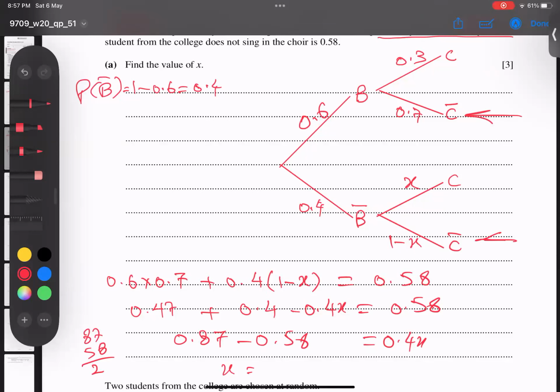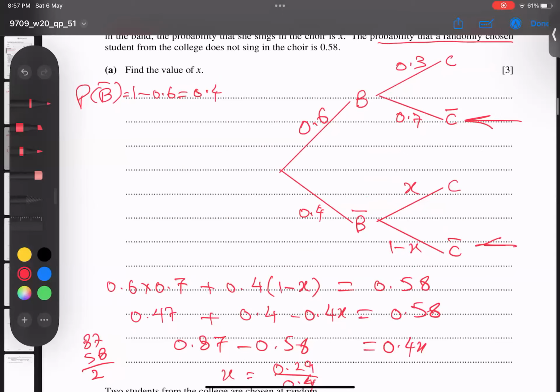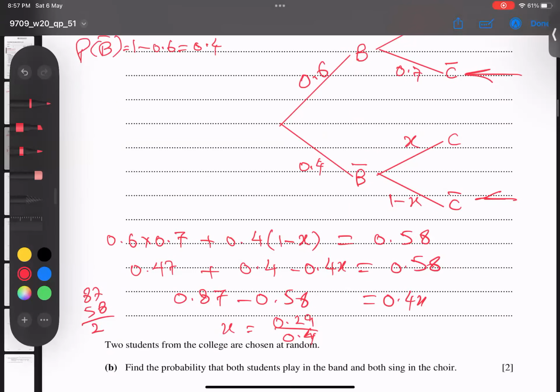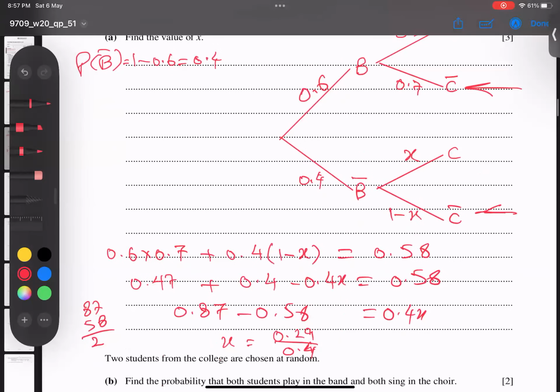So 0.87 minus 0.58, 0.29 actually, divided by 0.4. So an answer is coming. Let me recheck once again. 0.42. Yeah, this is a mistake. I have done 47 by mistake. 42, 6 sevens are 42.